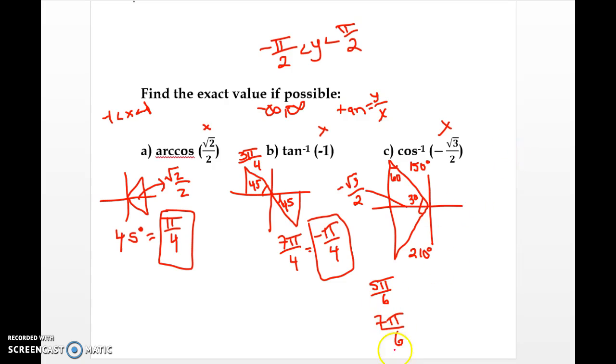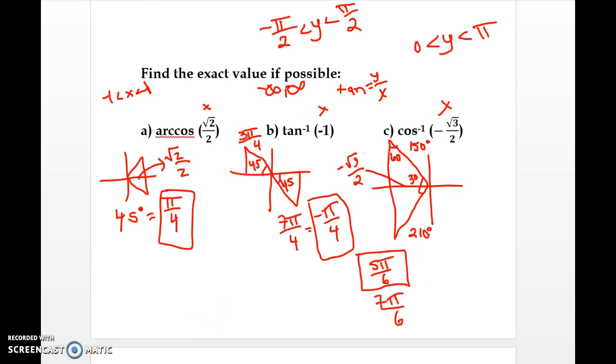So these are potential y's, right? Those are our answers. And we have to remember our range for cosine is 0 to pi. So which one of these is between 0 and pi? That would be 5 pi over 6. So that is our answer.